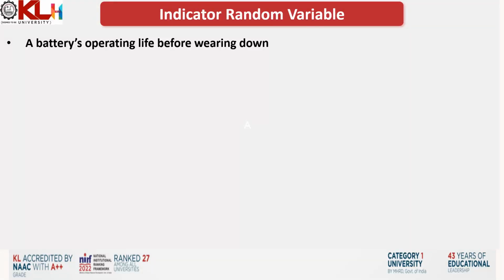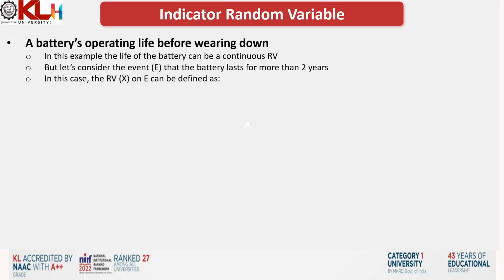Another random variable type that's used frequently is called an indicator random variable. Let's look at an example to understand. A battery's operating life before wearing down. In this example, the life of the battery can be a continuous random variable.